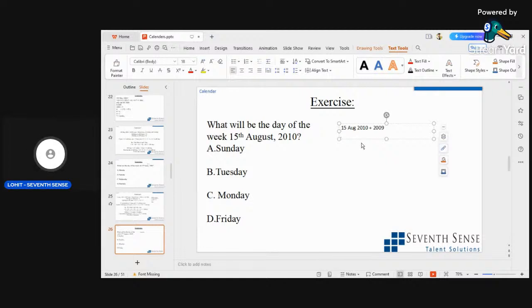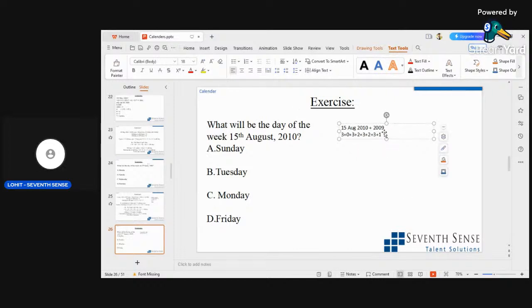Okay, so 15th August 2010 is how much? So it is 15th August, right? So in January, I'm going to consider 3, February as 0, March as 3, April as 2, May as 3, June as 2, July as 3, August has 15. So in 15, how many odd days? 1. So what is the total of this?